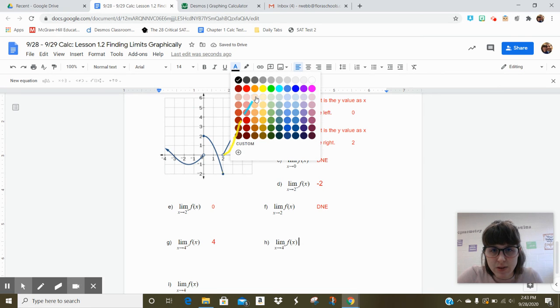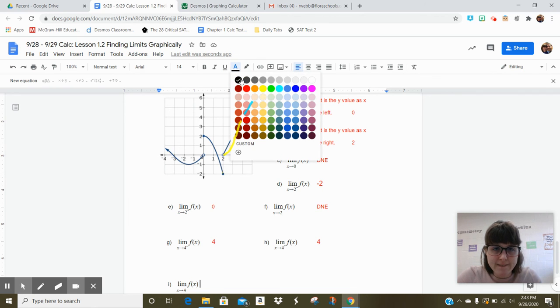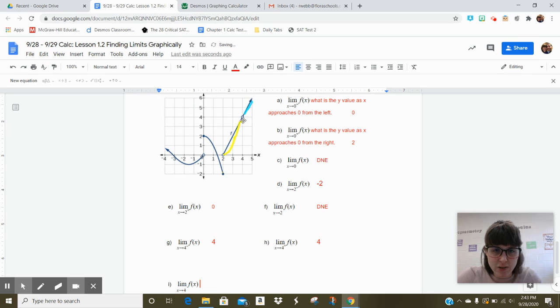Now this time, if you'll notice, my yellow and blue lines are going towards the same spot. This means that it's approaching the same thing from the left and from the right, which means that the limit as x approaches 4 is equal to this y value, which is 4. So if they approach the same thing from the right and from the left, it's just that number.